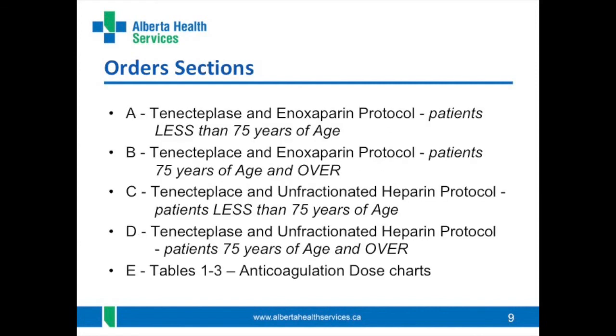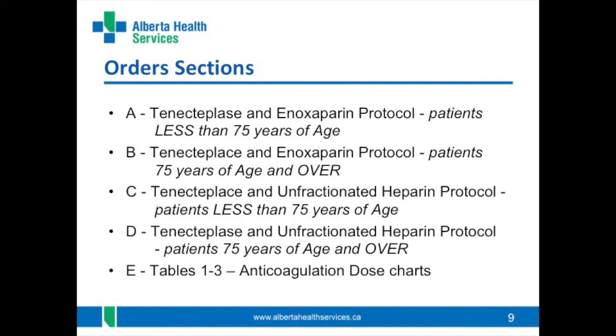We've tried to make this order set as easy as possible to follow, and from what I recall, the actual order set really just comprises 3 pages, but we have a bunch of appendices that are listed to help walk you through treatment of these patients.